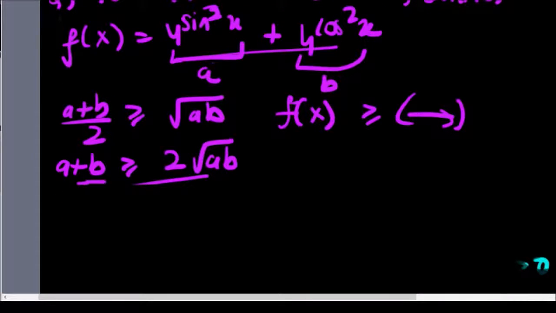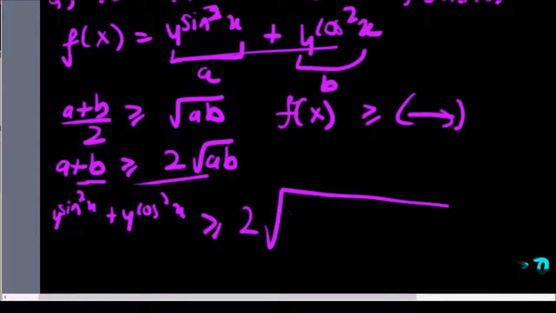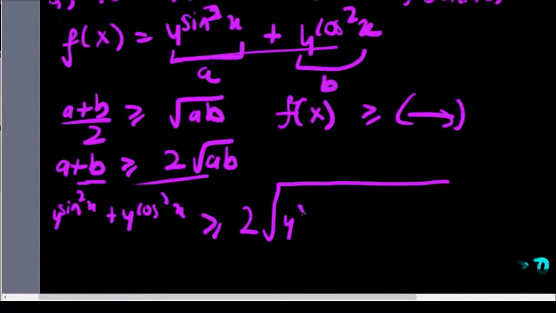So a plus b is just 4 to the power sine square x plus 4 to the power cos square x, and that will be greater than or equal to 2 times the square root of 4 to the power sine square x multiplied by 4 to the power cos square x.